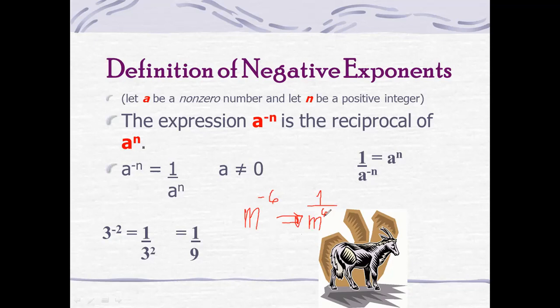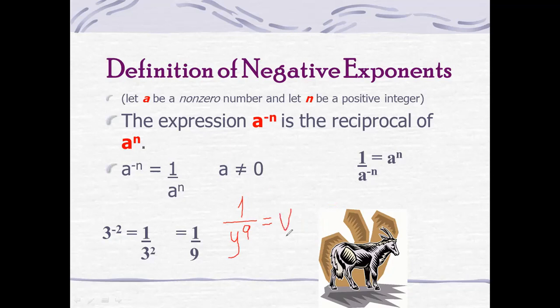In the same way, for example, you are having here 1 over y to the power of 9. What is that one equal to? What is that one written as?